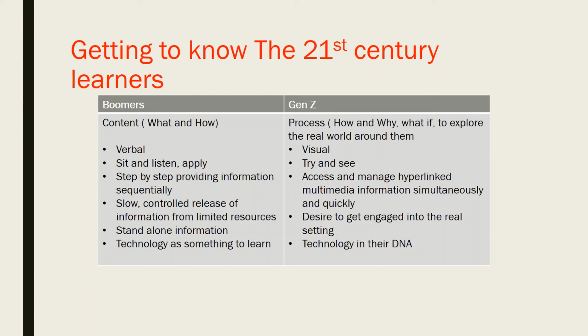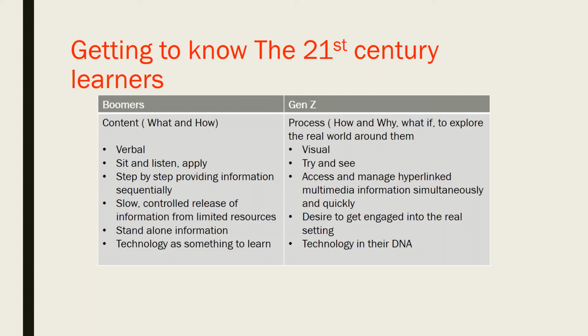But for Gen Z, the desire to get engaged in the real setting can lead them to really dig into different and varied information through the use of the internet. But for boomers, they can stand-alone information. They rely mostly on printed books or printed media.